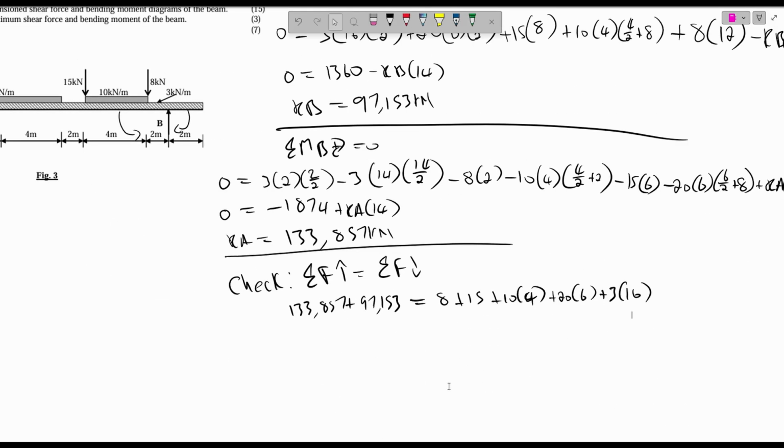133.857 plus 97.152 is 231.01. 8 plus 15 plus 10 times 4 plus 20 times 6, 3 times 16, is 231.